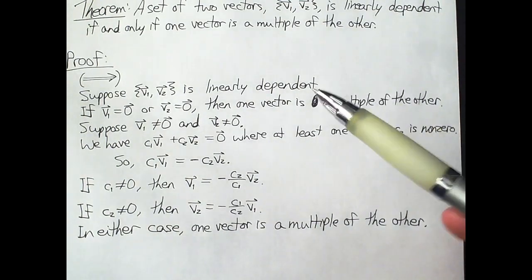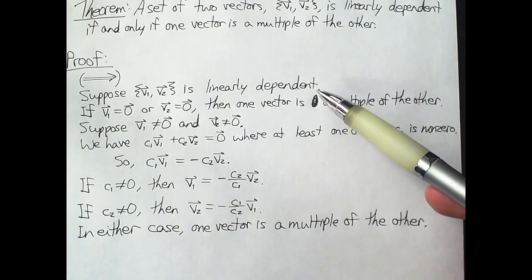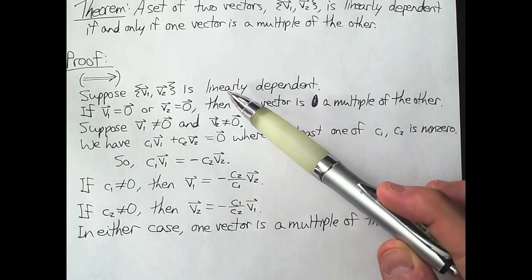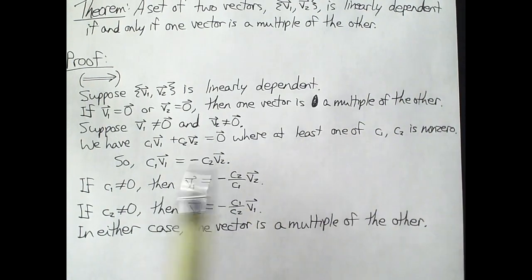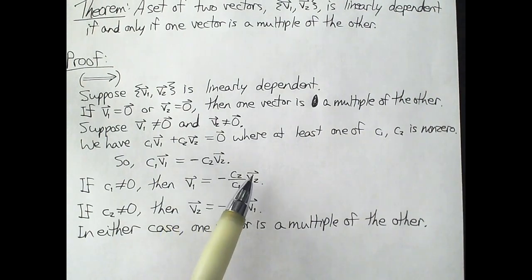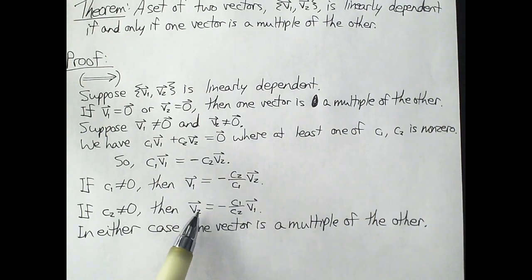So we used the fact that the set was linearly dependent to say ultimately V1 is a multiple of V2 or V2 is a multiple of V1. That's exactly what we were trying to prove. So that's the end of this part of the proof.